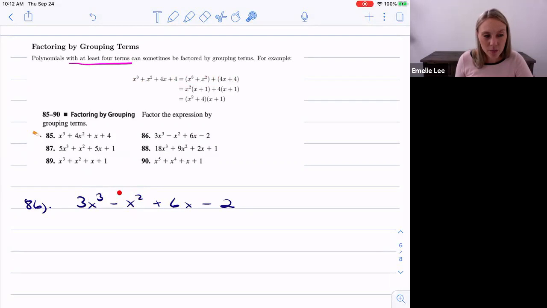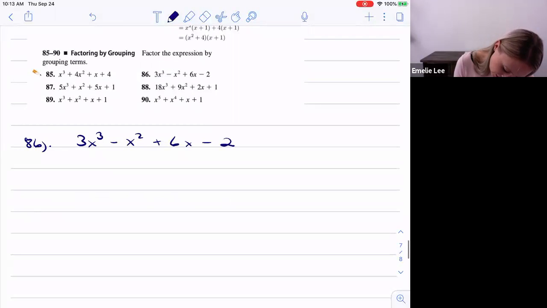Another option would be, if I group the 3x to the 3 and the 6x, I'll be able to pull out a common 3x, which might also be useful. So I've got a couple of options here. I'm going to try this first way, and then if that doesn't give me something easy to look at, I'll try the other way.